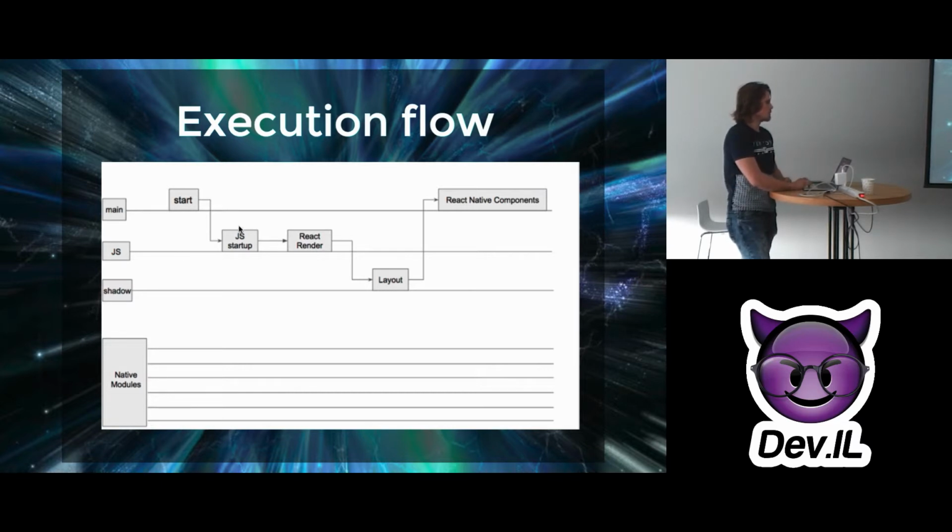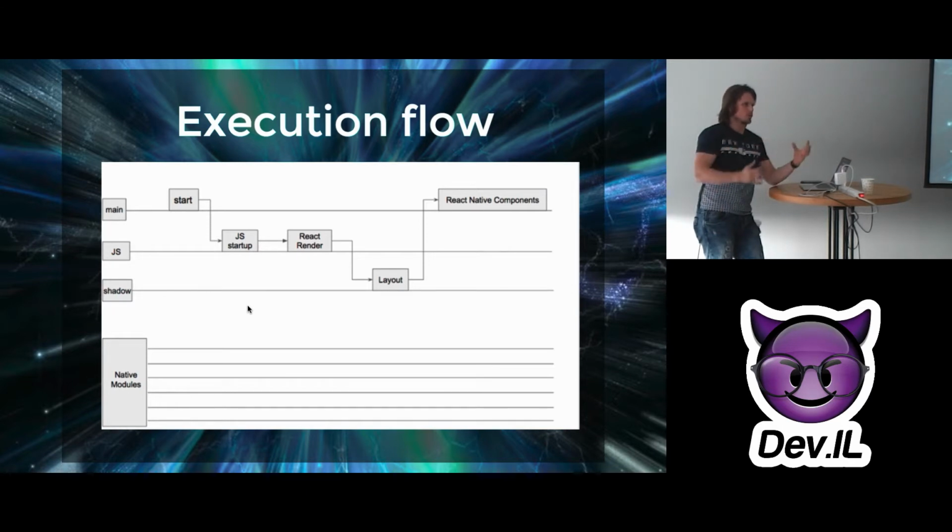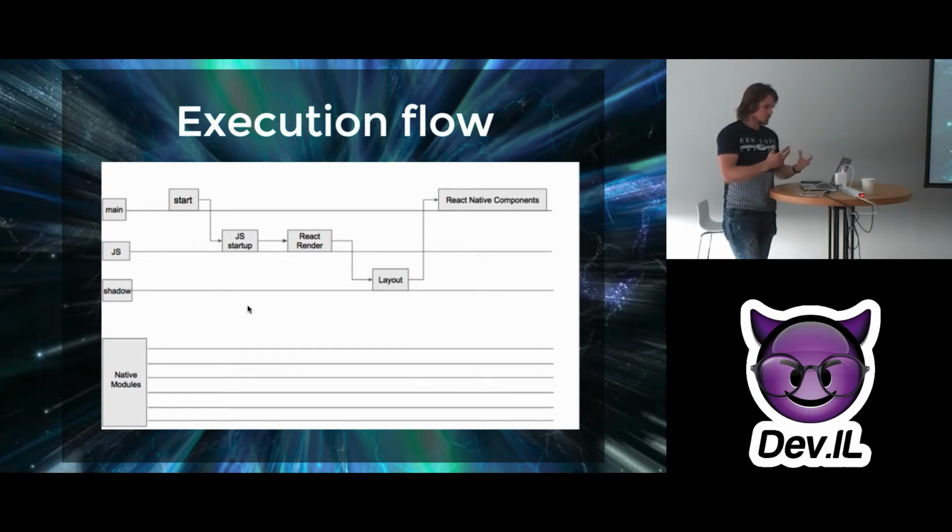a separate thread. All the code you wrote in React Native, all the JavaScript code, runs on the JS thread until React renders. When React renders, React Native executes the diffing mechanism, which in turn sends batched updates to the shadow thread to do the calculation of layout, of how things are laid out on the screen, with drawing calculations specific to the platform you develop on.